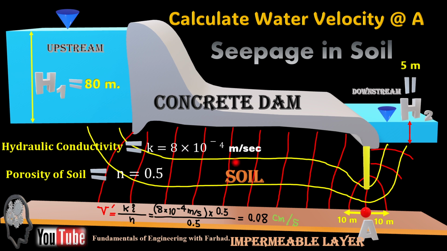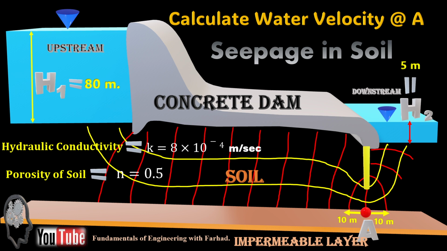K is provided in the problem statement, times i, the hydraulic gradient, which we already calculated to be 0.5, over the porosity, which is 50%. And if you do the math, it gives you 0.08 centimeters per second. That's the velocity at point A based off this figure.